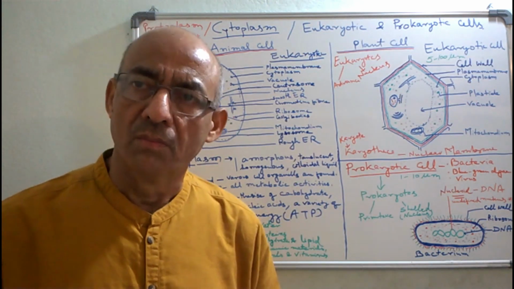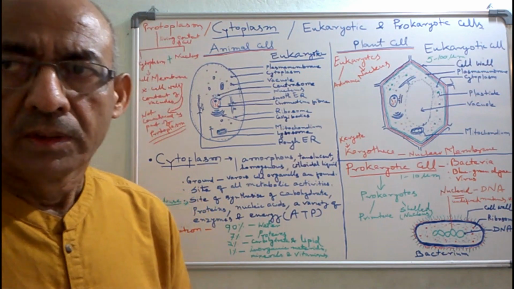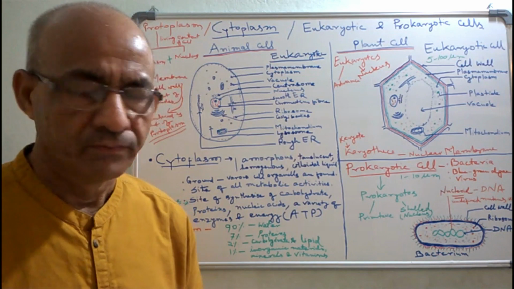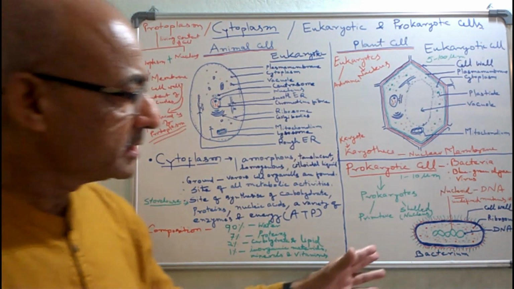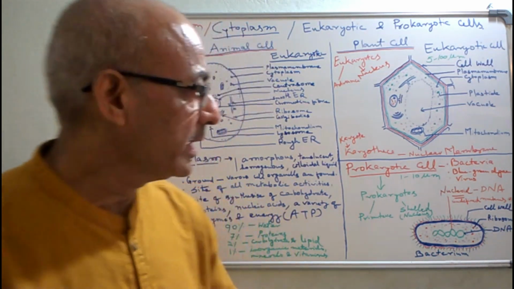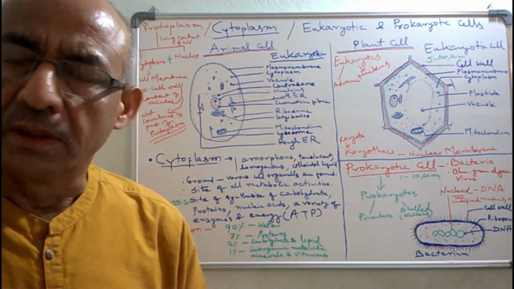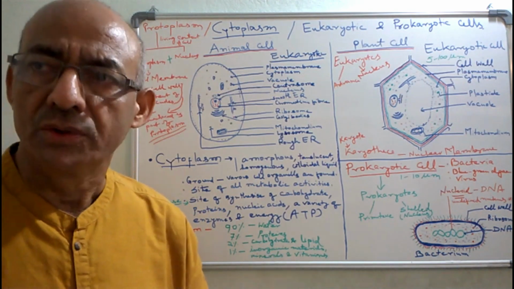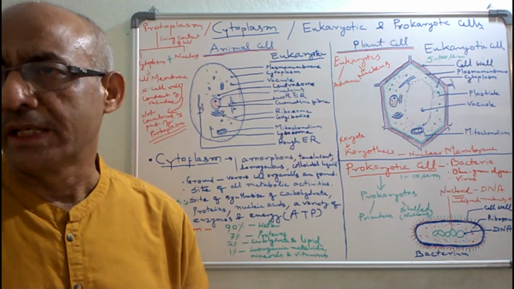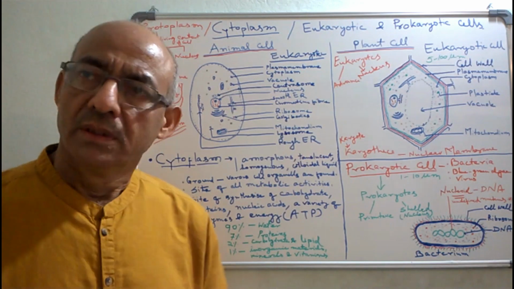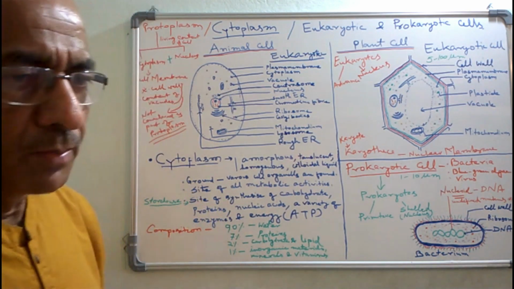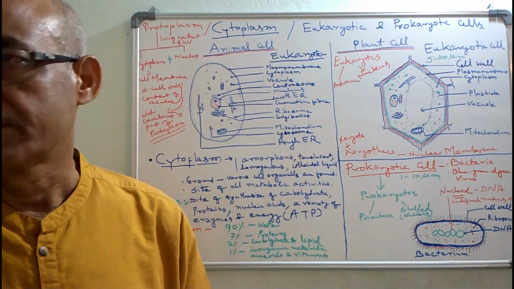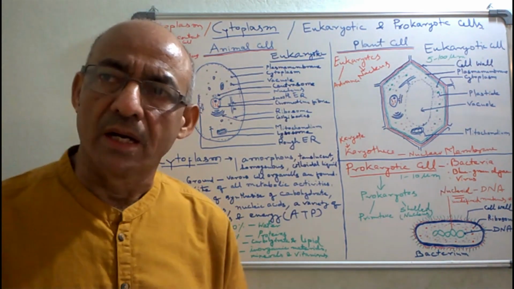Here one more important piece of information we should know is that in such a way the prokaryotic cells do not contain membrane-bound cell organelles like nucleus, endoplasmic reticulum, mitochondria, lysosomes, Golgi bodies, etc.